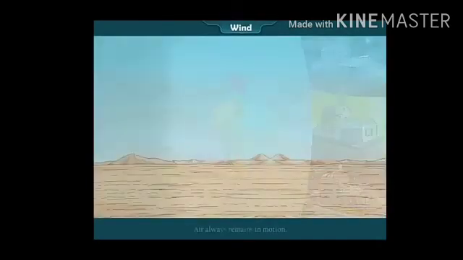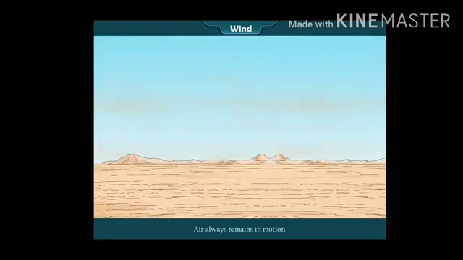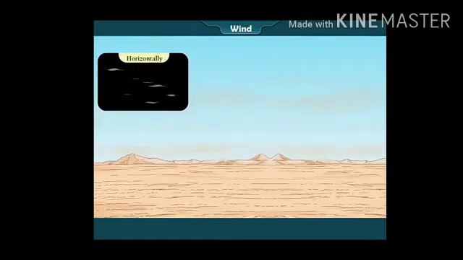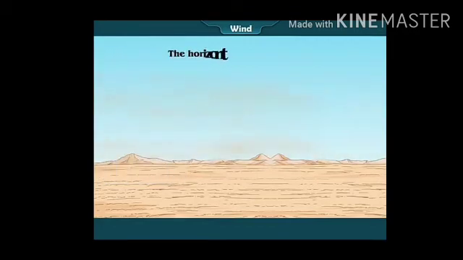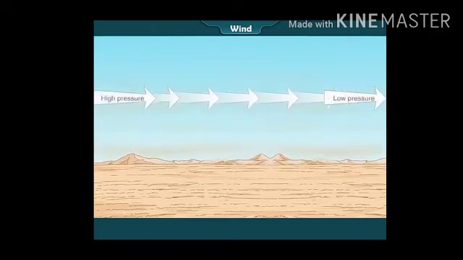Wind. Air always remains in motion. Sometimes it moves horizontally and sometimes vertically. The horizontal movement of air is called wind. Air moves horizontally from an area of high pressure to an area of low pressure.